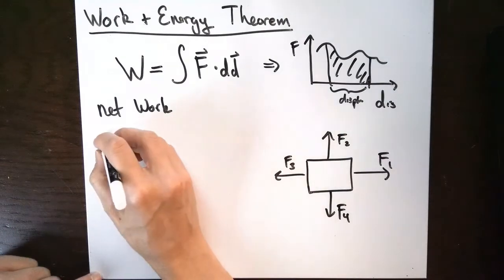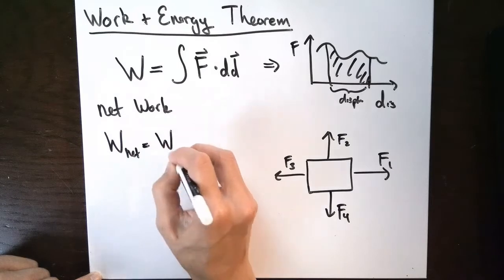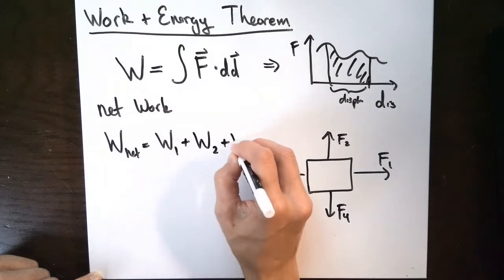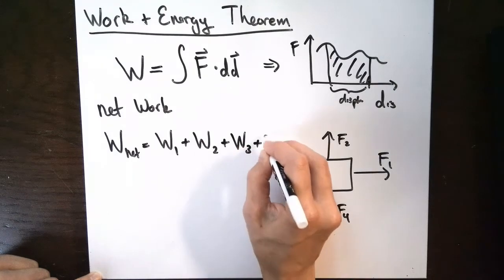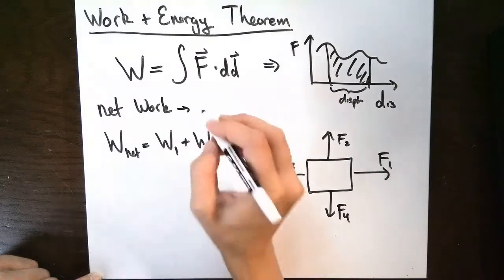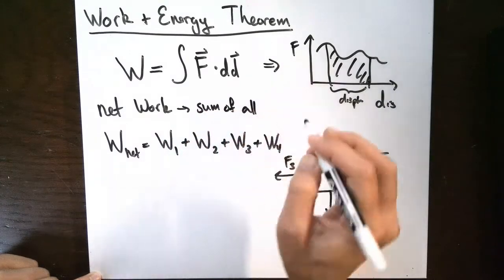And then we get the net work on this object by adding up each of the works done by these four different forces. So the net work is the sum of all work done on an object.